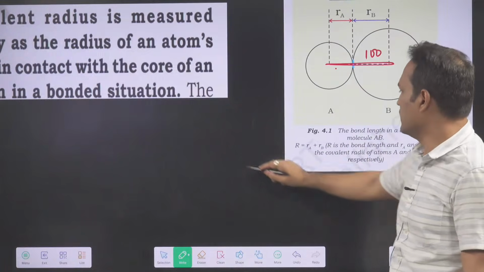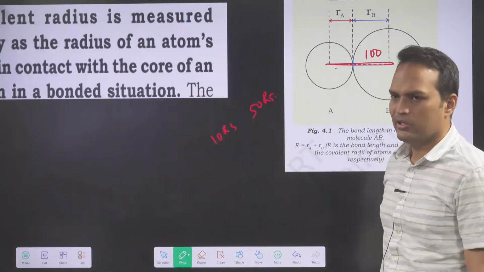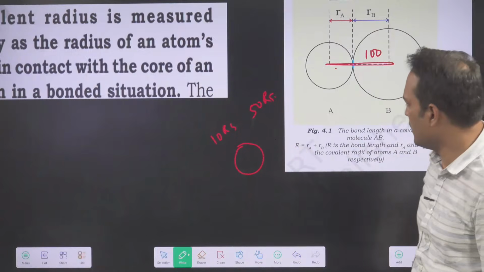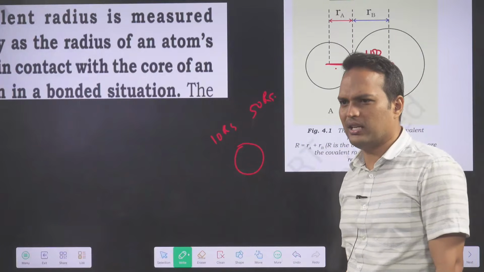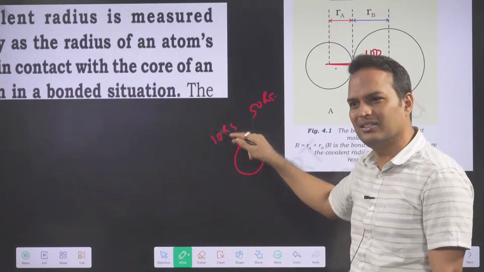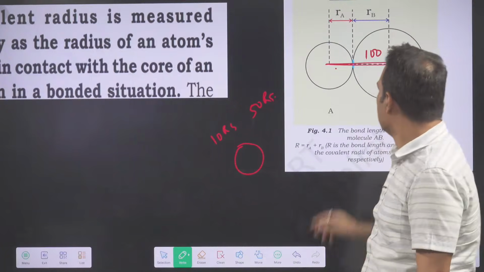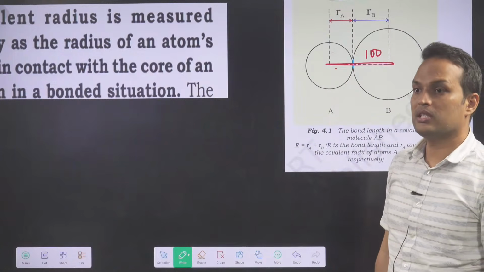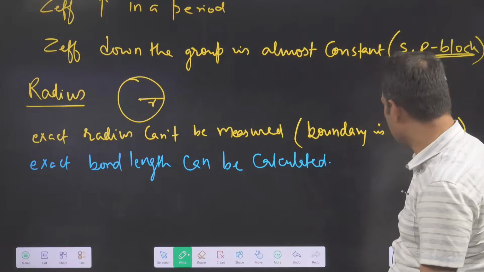One child gives 10 rupees, another child contributes 50 rupees. You buy one small pizza for 60 rupees. Will you share half? No, because the contribution is not the same. So that's why we don't prefer different atoms. We prefer the same atom.